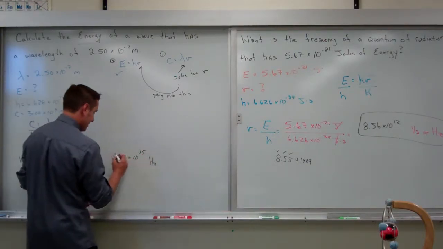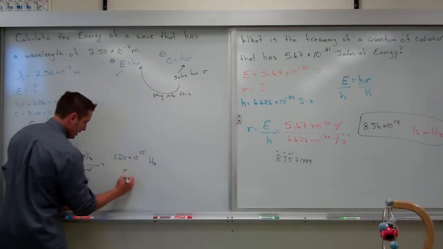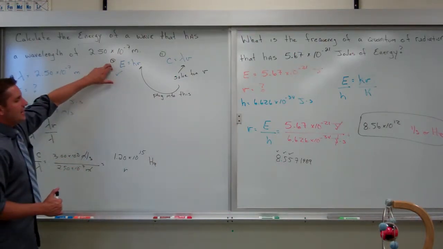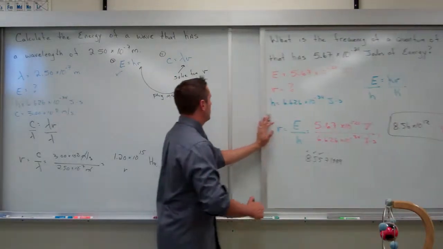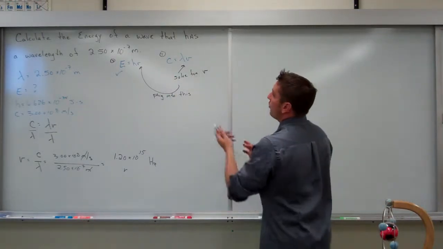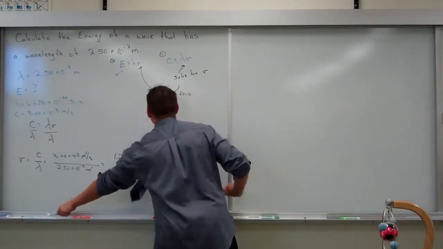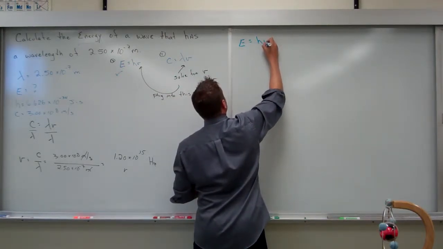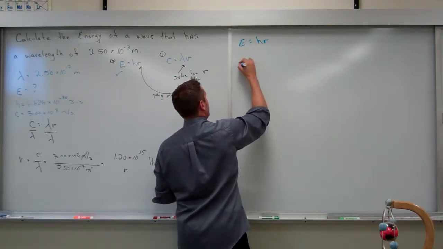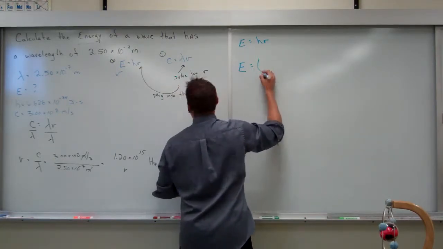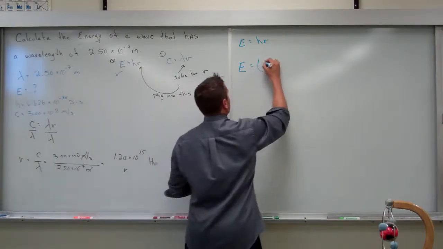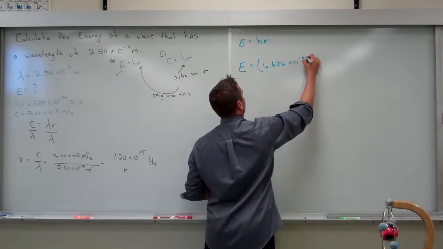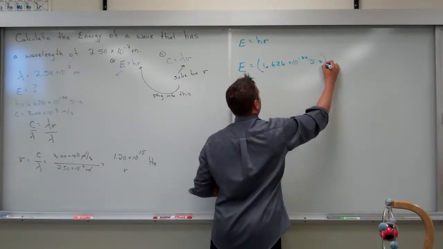And this is v. Now I have the things that I need to plug into this equation. So I want to now solve the equation E equals hv for E, so we're good. h we know, 6.626 times 10 to the negative 34th joule seconds.